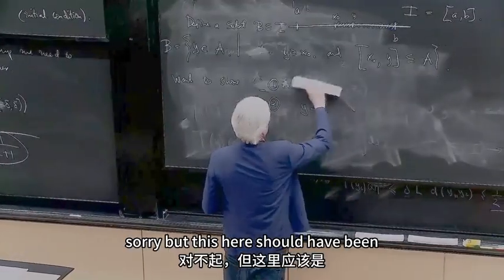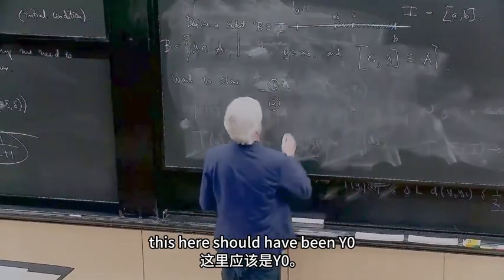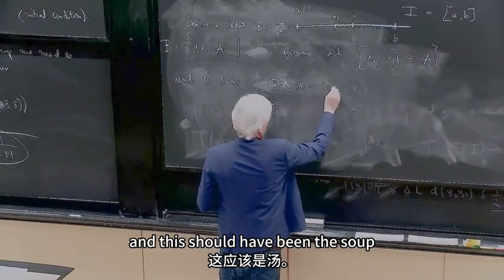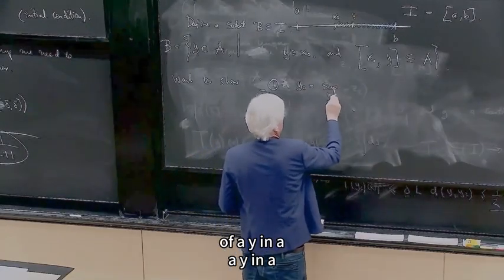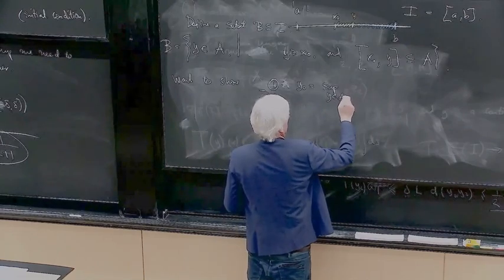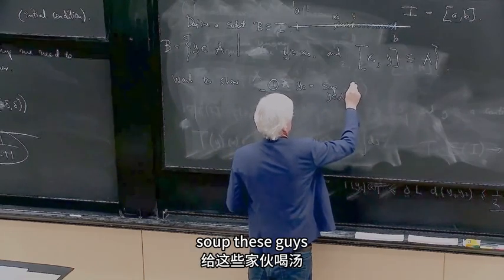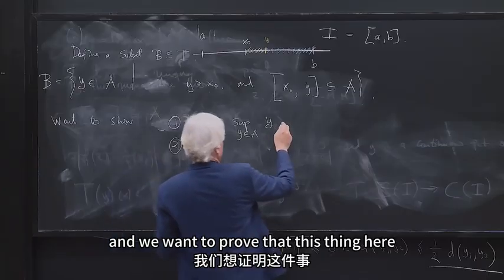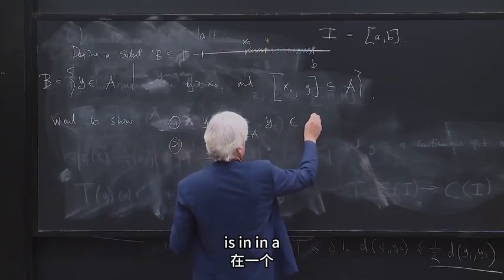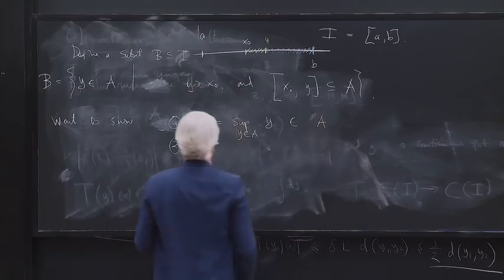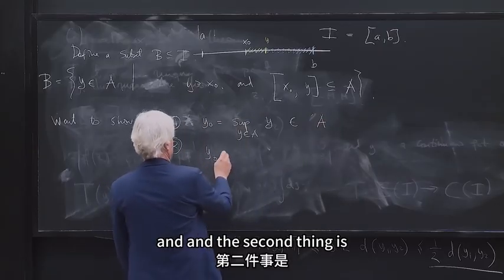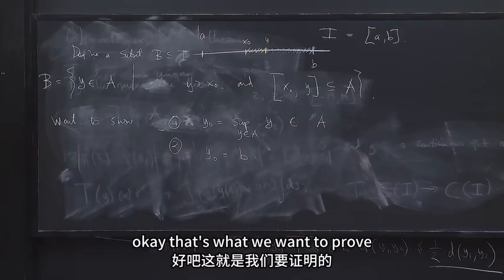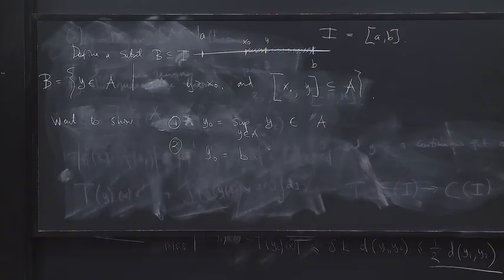This here should have been y0, and this should have been the sup of a y in A. Sup of these guys. And then we want to prove that this thing here is in A. And the second thing is we want to prove that this sup is actually equal to B. Okay, that's what we want to prove.